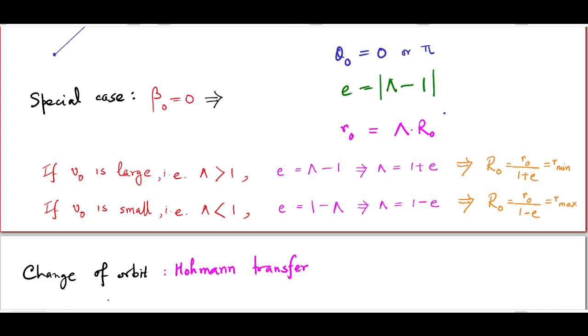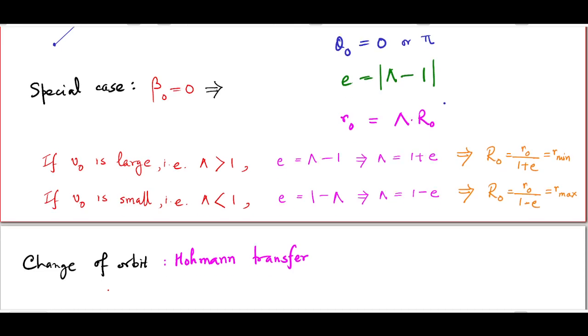Note that if the transfer requires a change in direction of the velocity, then there will be a change even if the magnitude of the velocity, that is the speed, remains the same. The smallest magnitude for the change of velocity would actually occur if the change is in the same direction as the initial velocity. And that is exactly what the Hohmann transfer achieves.